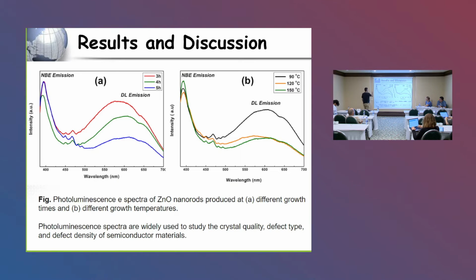From the first emission we can check the crystallinity of the nanorods. From the second emission we can check defect types, but when we take this we cannot understand the sub peaks there. That's why we use a physics program to do the Gaussian decomposition.